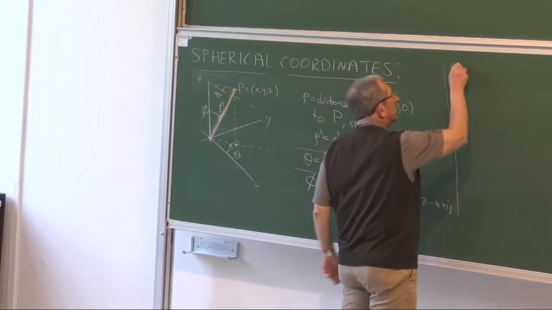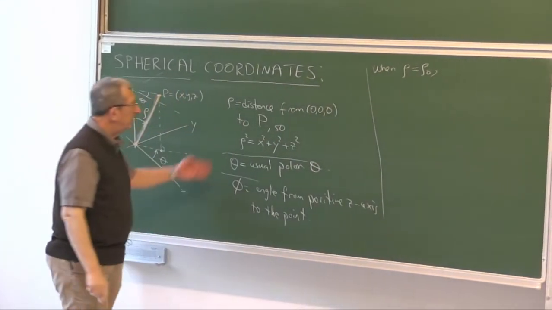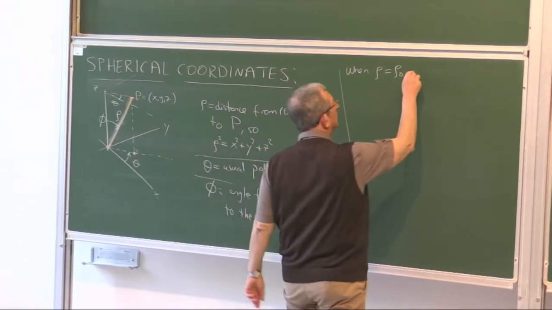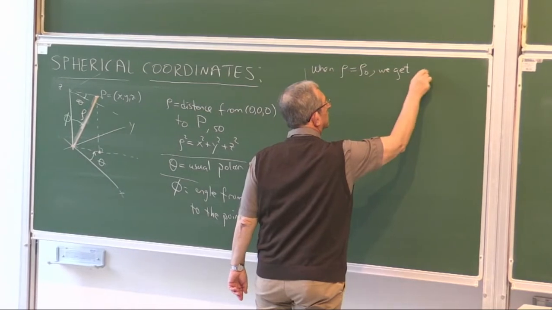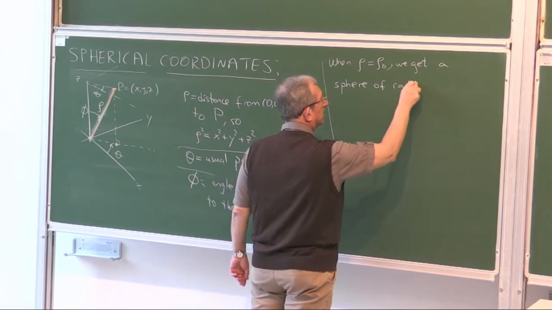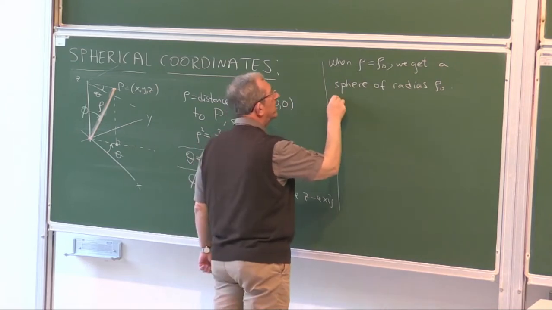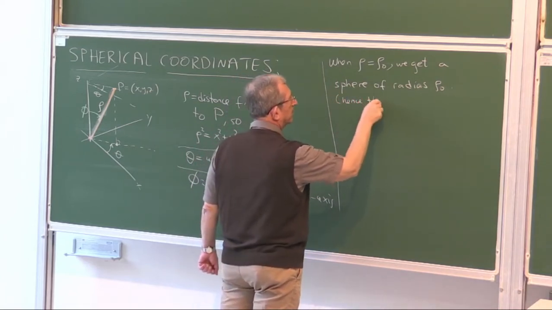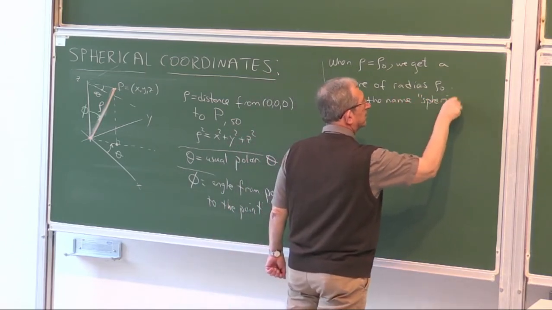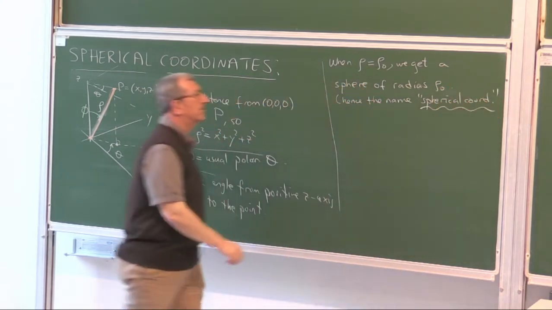So, when rho is rho 0, clearly what we get from here is a sphere. Rho 0, hence the name spherical coordinates. It comes from here.